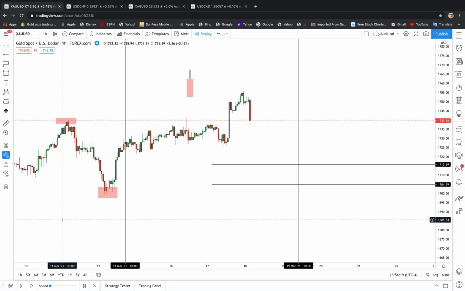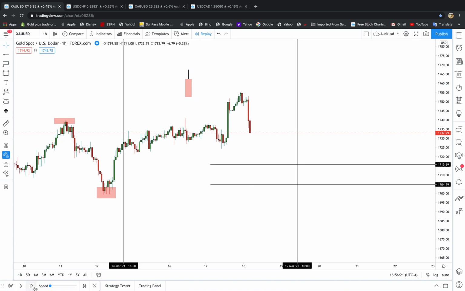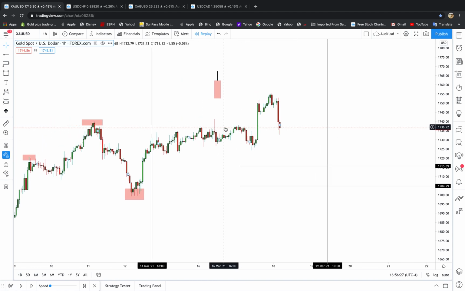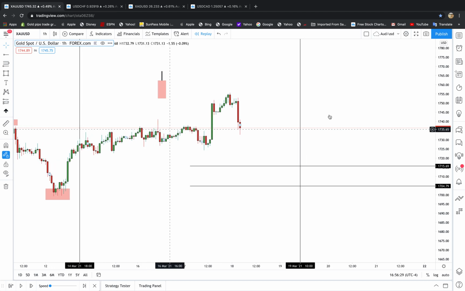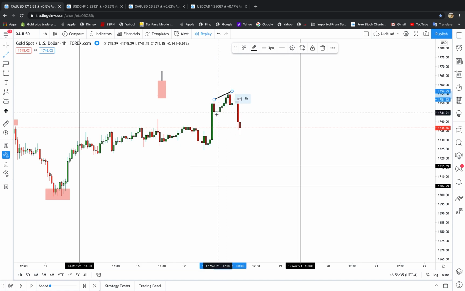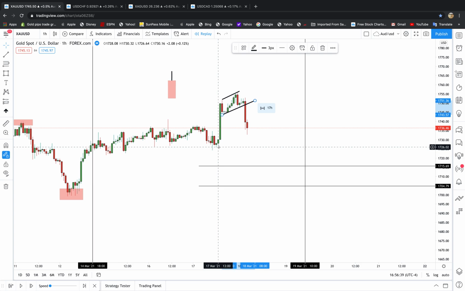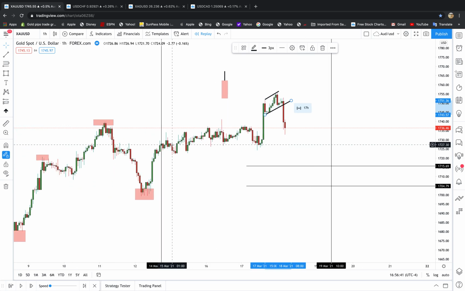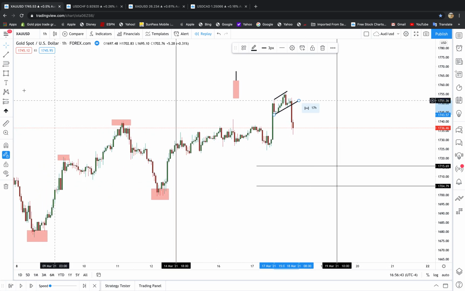So what I did is, and what time is this? This is 4 a.m. So what I pretty much did was, I seen that we had consolidated up here, right? Consolidated up here, and we have a breakout. And I think I mentioned this in the last video with pounds to strength.